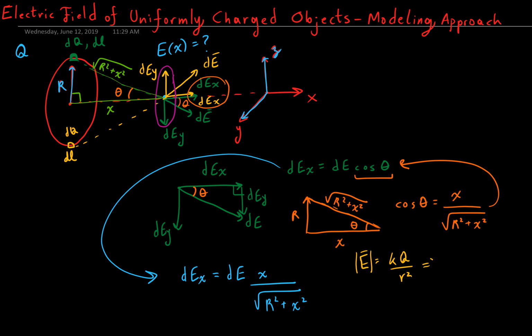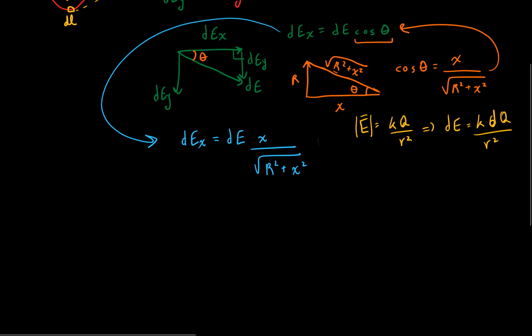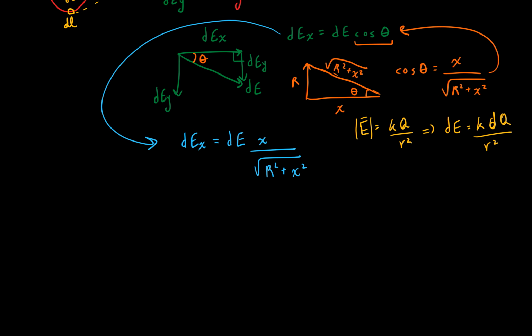We can likewise call this dE, and I'm going to do away with some of the annoying bars, equal to k dq over r squared. Now for us, r squared is not terribly complicated. Here, our r is equal to the square root of r squared plus x squared, that distance from our charge dq to our point in space where we want to know the electric field.